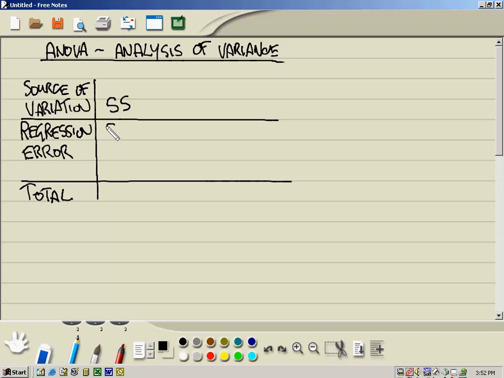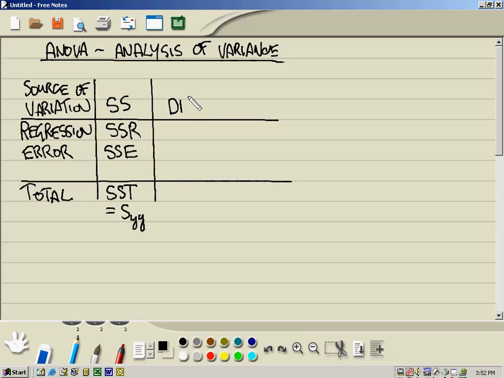Alright, so for notation, the sum of squares which is explained by the regression is SSR. Sum of squares due to the error term is SSE, which we've seen before in simple regression, and the sum of squares for the y variable for the total is SST. We've seen this item before in simple regression and called it SYY, the total variation in the y variable.